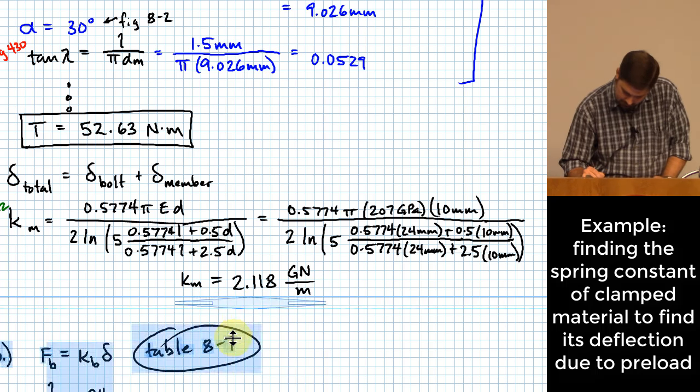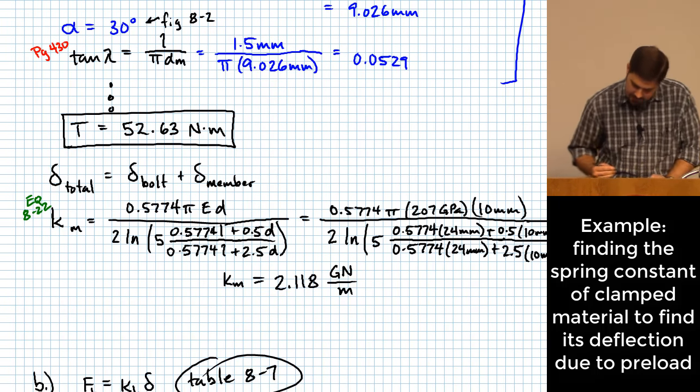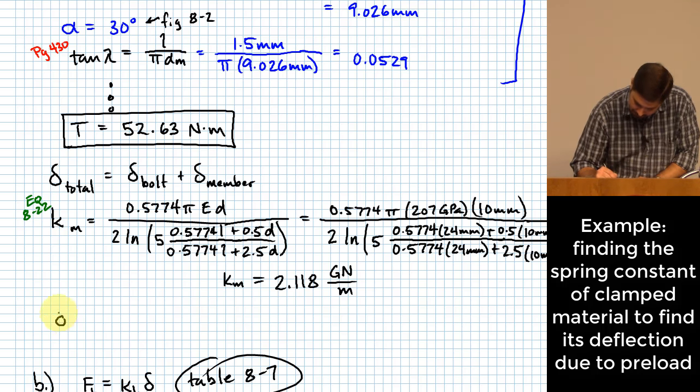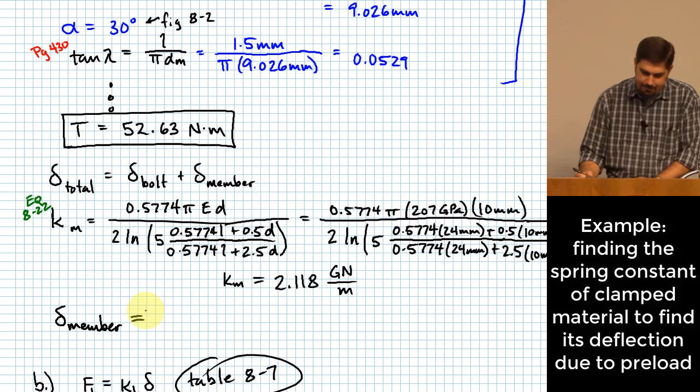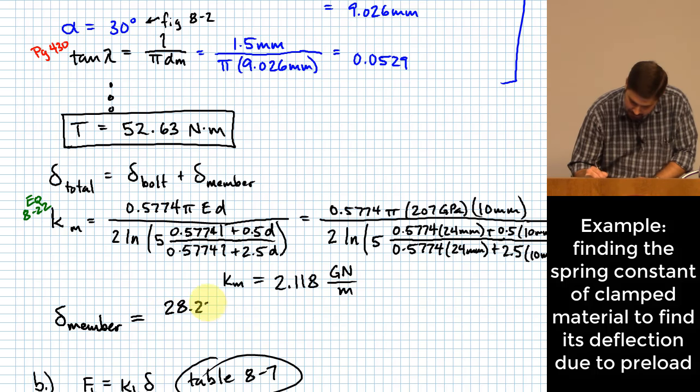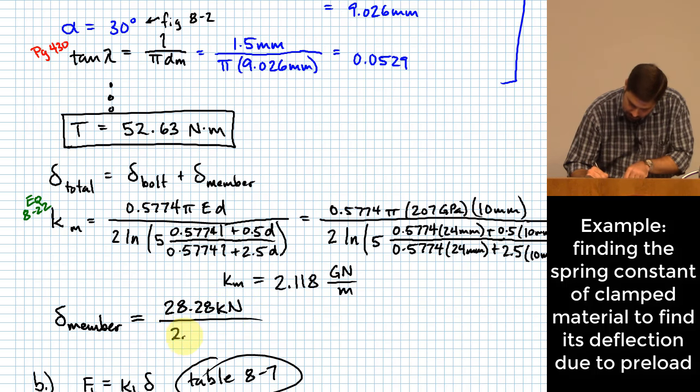All right. And that means that the amount of delta that we have in the member under our preload is going to be equal to 28.28, which was our preload, 28.28 kilonewtons over 2.118 giganewtons per meter.